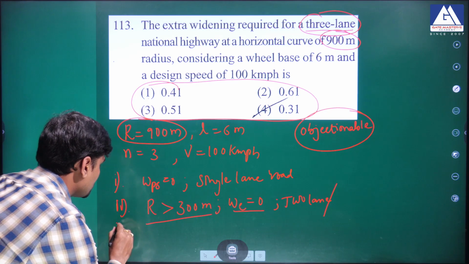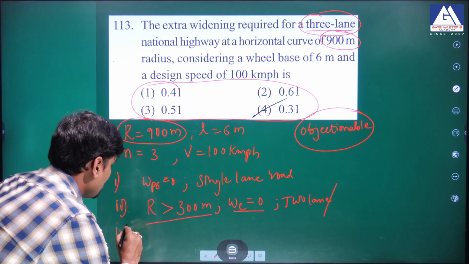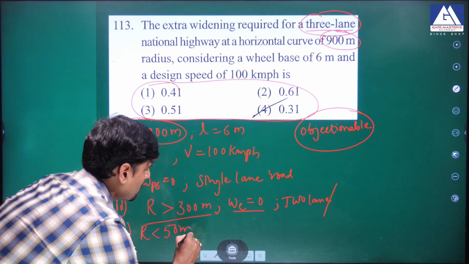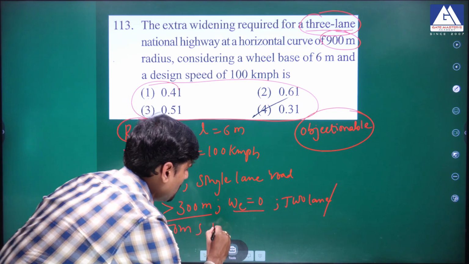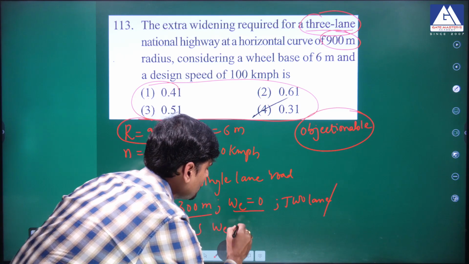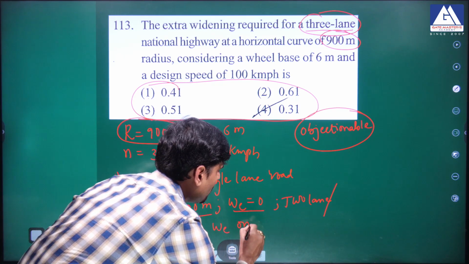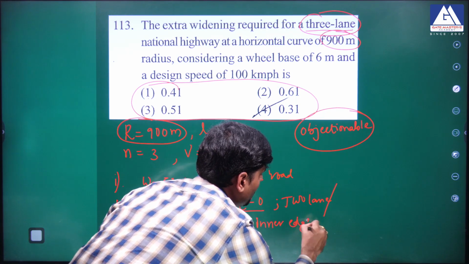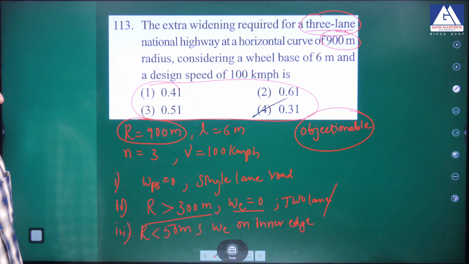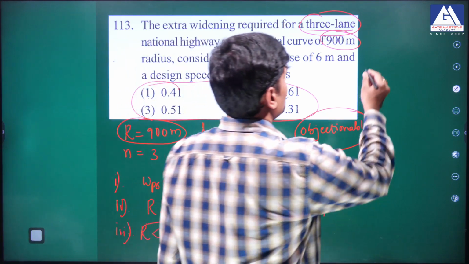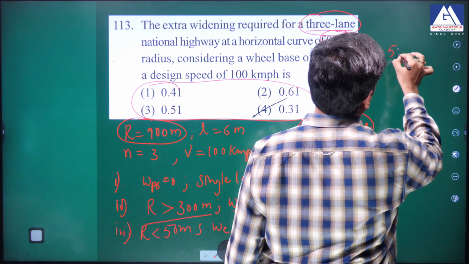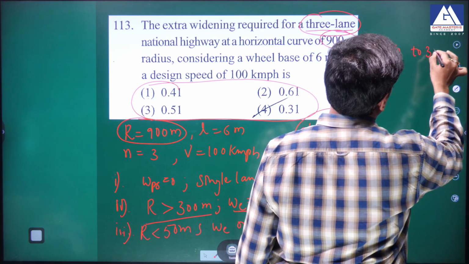The third condition is if the radius is less than 50 meters, then the extra widening WE is to be provided on the inner lane only, on the inner edge side. The fourth condition is, if R is somewhere between 50 and 300, what is to be done?